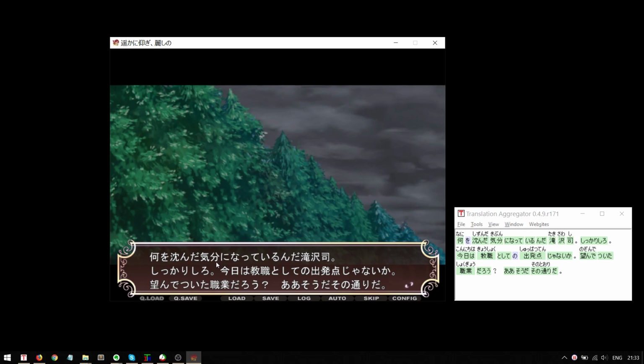It's like one's current mood, or one's current feeling. 沈んだ in regards to a feeling means a depressed feeling.